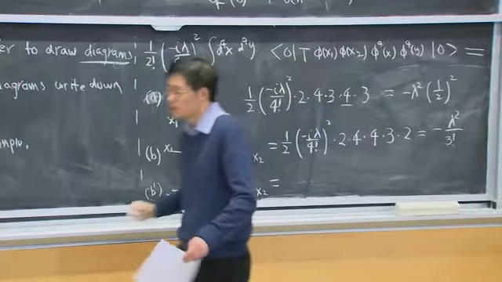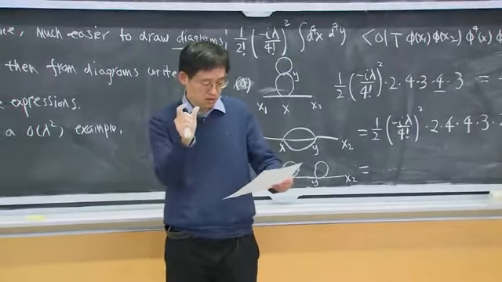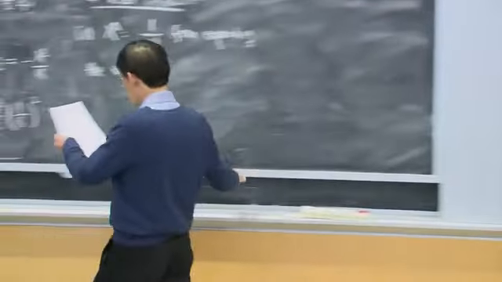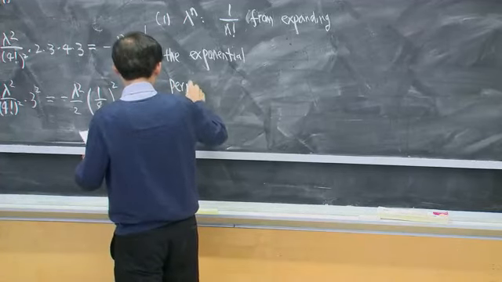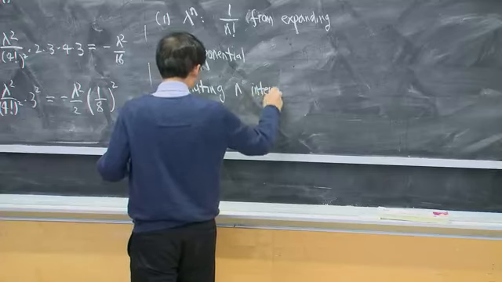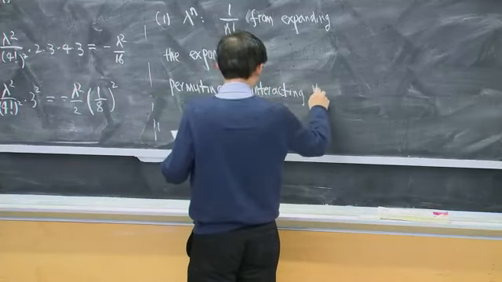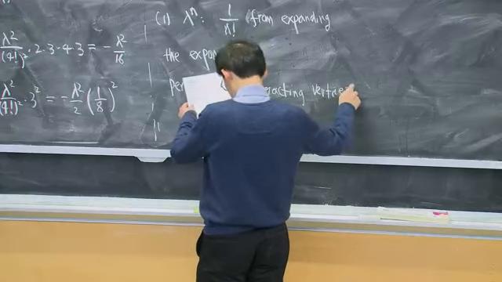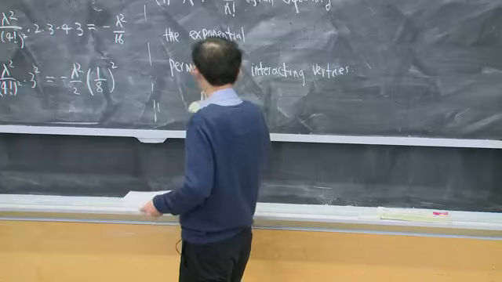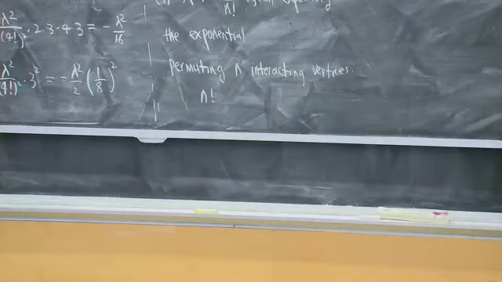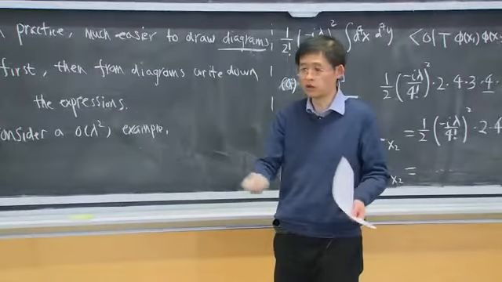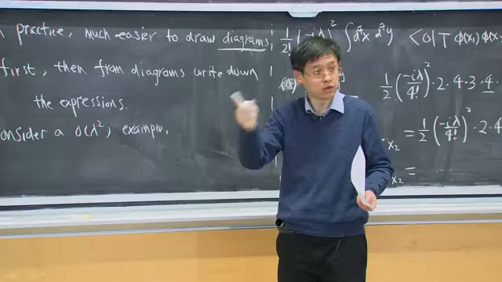Now, when you permute the n interacting vertices, you also get a factor of n factorial, because they're all symmetric in doing the contraction. If you have one way to contract, you can have another way to contract by permuting all these different vertices.